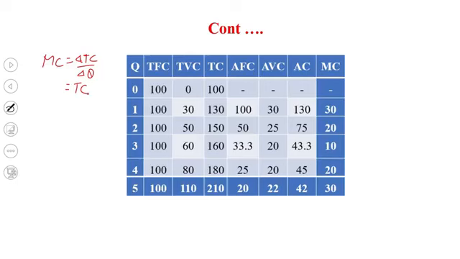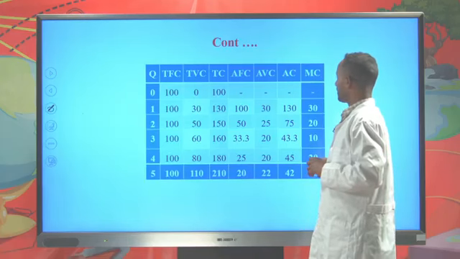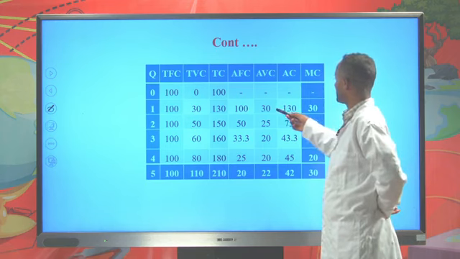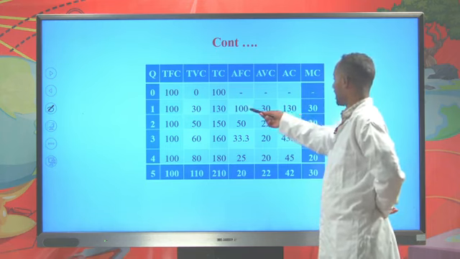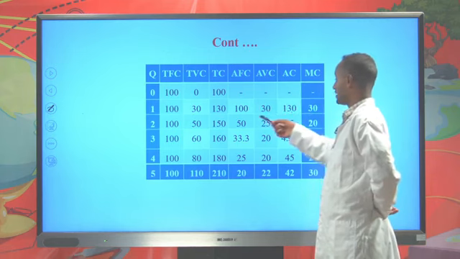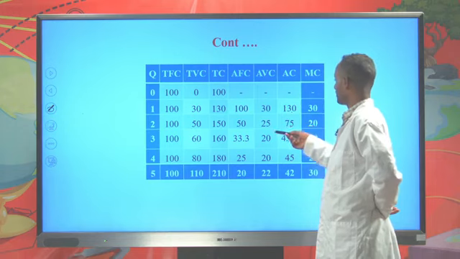In other ways, we can calculate the average cost of production by adding the average fixed cost and the average variable cost of production. The average cost of producing 1 unit of a commodity is 130, which is calculated by adding 100 and 30. The average cost of producing 2 units of a commodity is 75, which is calculated by adding 50 and 25.